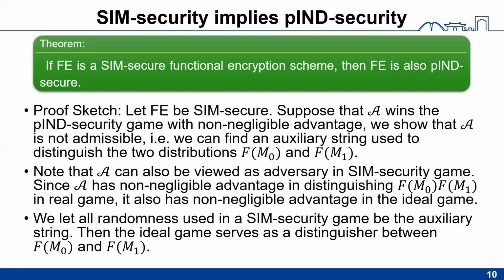This slide shows the theorem that if FE is a SIM secure functional encryption scheme, then FE is also P&D secure. That means SIM security is stronger than P&D security. And that's the proof sketch.